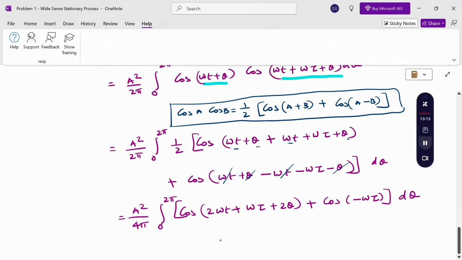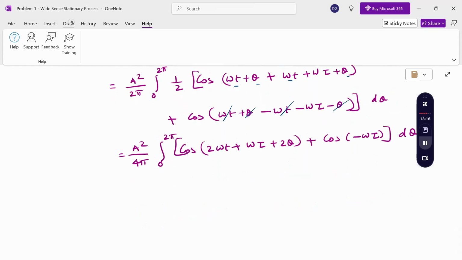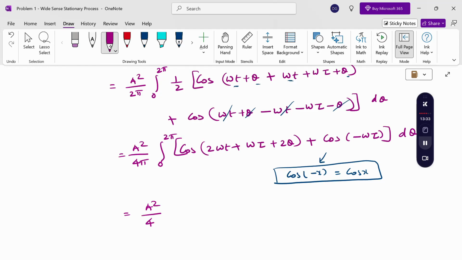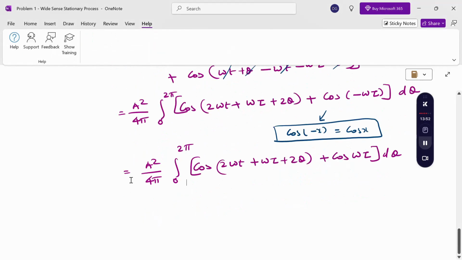Cos of minus x equals cos x. Therefore, A squared by 4π, integral from 0 to 2π of cos(2ωt + ωτ + 2θ) plus cos ωτ dθ. Now the product is converted into addition.